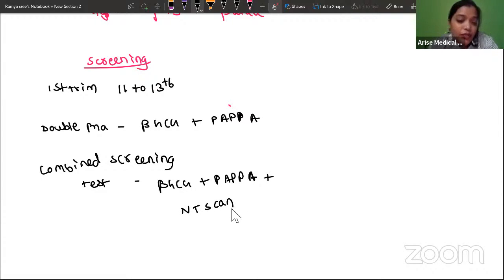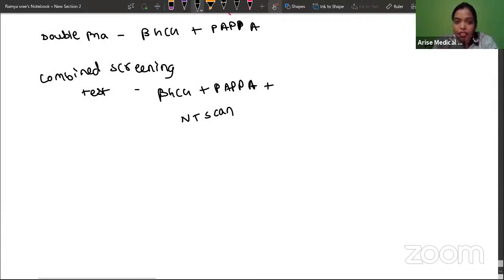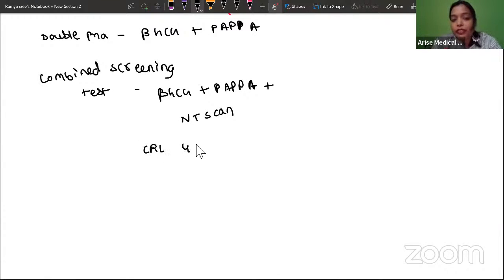That is the nuchal translucency scan, where you check the nuchal translucent area, how much translucent area is present. So the NT scan is again done between 11 to 13 plus 6 weeks itself. But here it is done when crown rump length is between 45 to 84 mm.